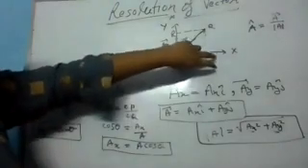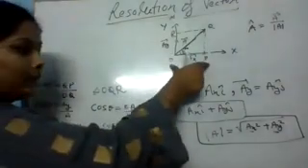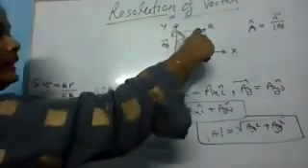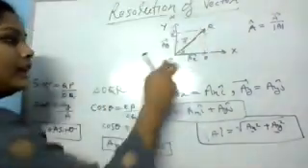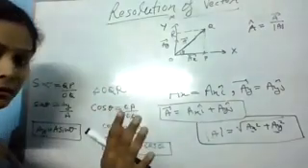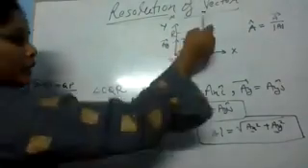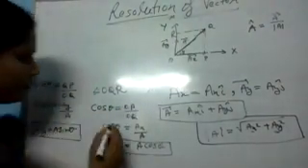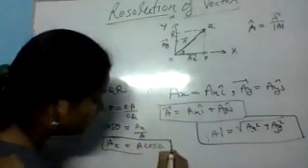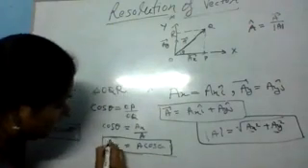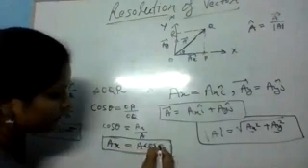Cos theta equals base upon hypotenuse, right? So base is OP and this is your A. Here we will take only magnitude. So OP is AX and OQ is A. So AX equals A cos theta. This is your X component.